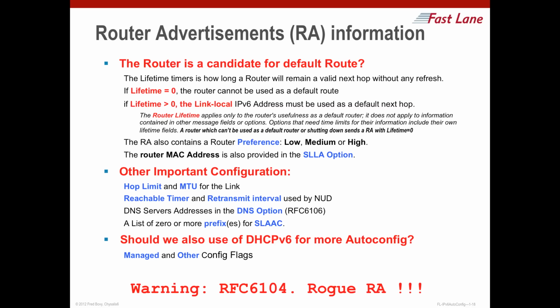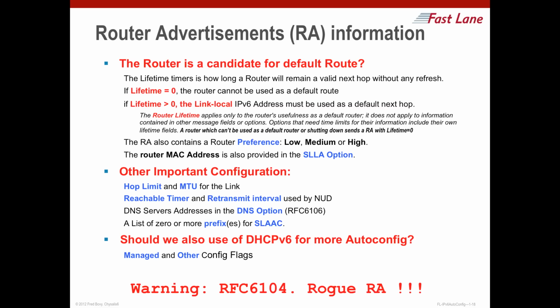The other important information includes the default hop limit, the MTU, DNS server addresses, and if you have many prefixes which are advertised on the link, they may also be included in the router advertisements. And the last information, very useful, are flags which indicate if a DHCPv6 server is available on the network and must be used by the nodes or not.